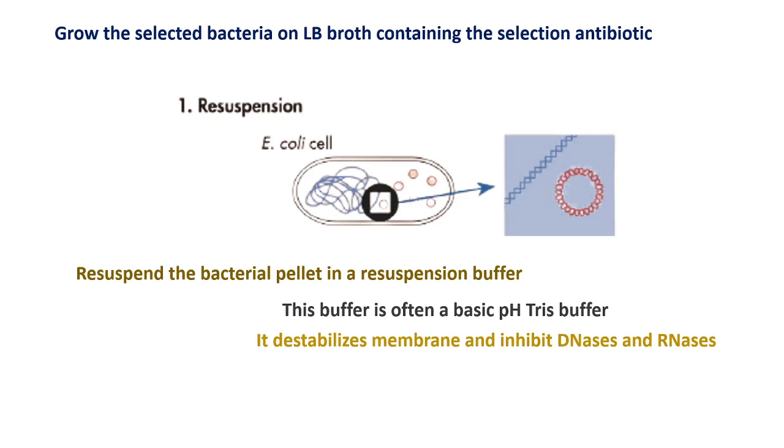This Tris-EDTA buffer destabilizes the cell membrane, and it also inhibits the DNases as well as RNases during the process of plasmid isolation. So this is the first process in plasmid isolation, the resuspension buffer.